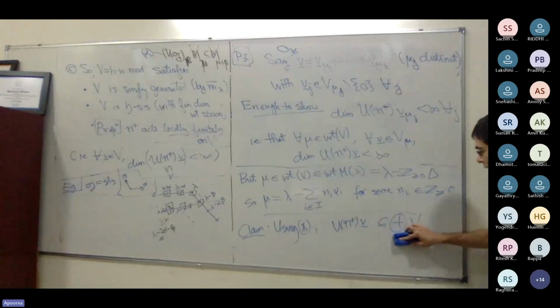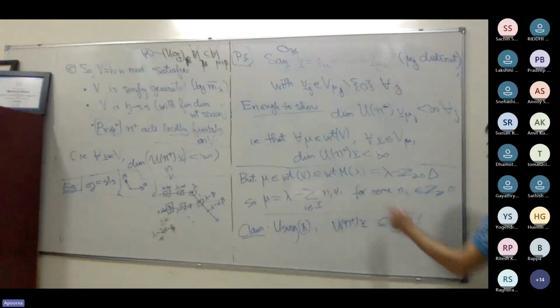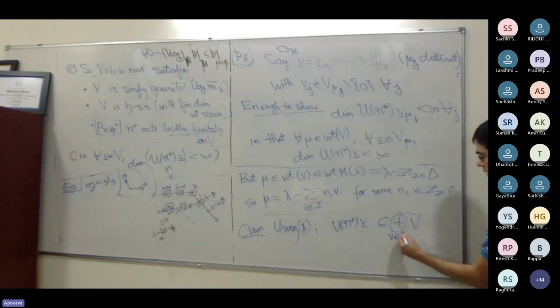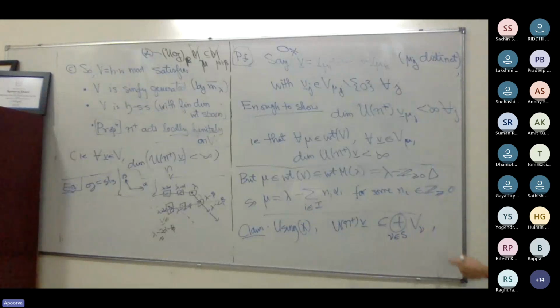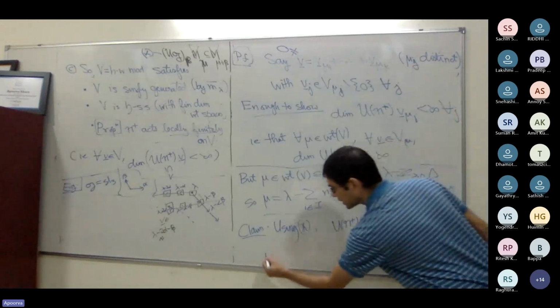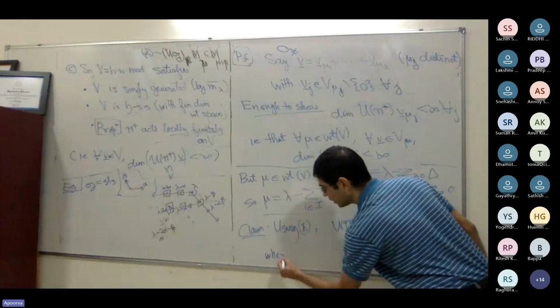Let me really say this: this was called mu, so let me call it the direct sum over mu belonging to S of V mu. So all weight spaces where I have to describe the set S that we run over.